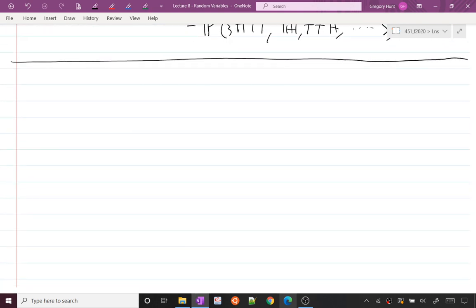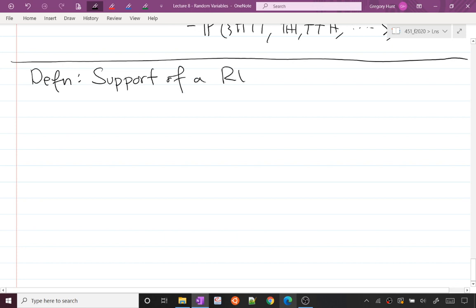So some other useful terms, and probabilists like to rename things here, so this may be a bit confusing. We can define what probabilists call the support of a random variable. And that's simply a redefinition of the image.